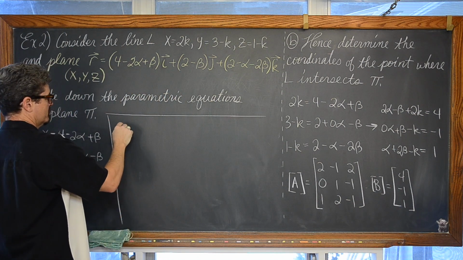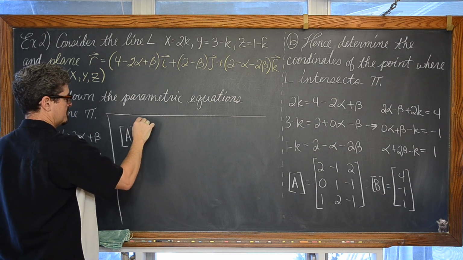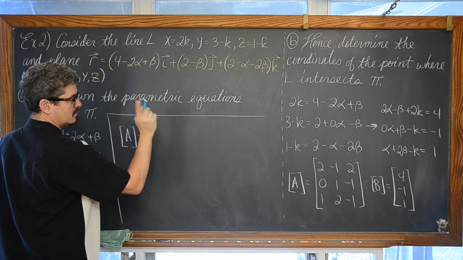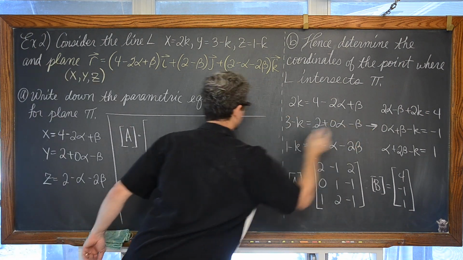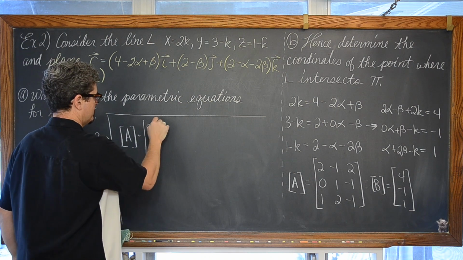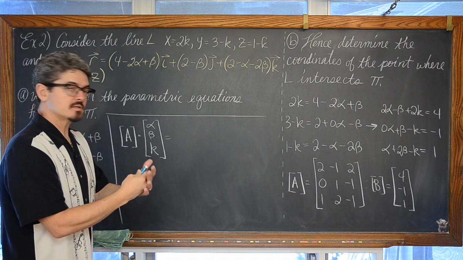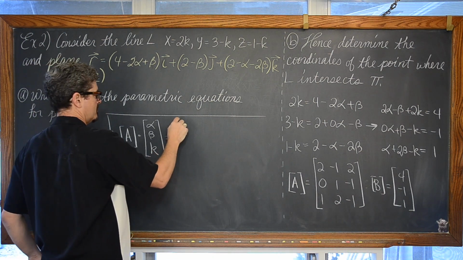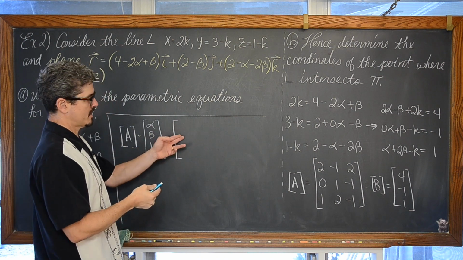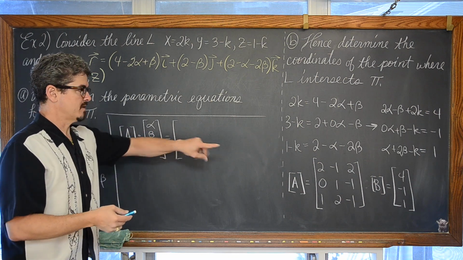Matrix A times a 3x1 matrix of first variable alpha, then beta, then k, and that is equal to our constant matrix, matrix B.